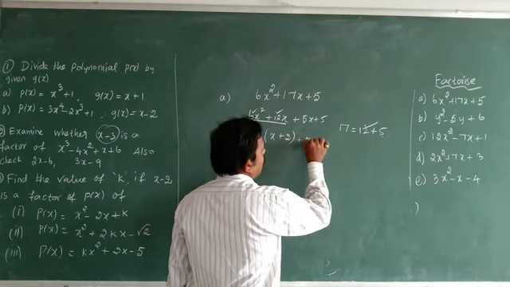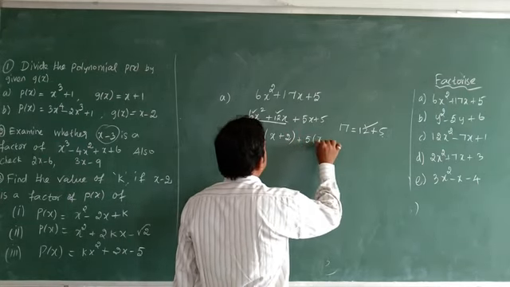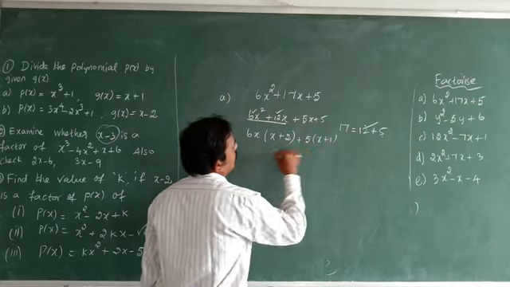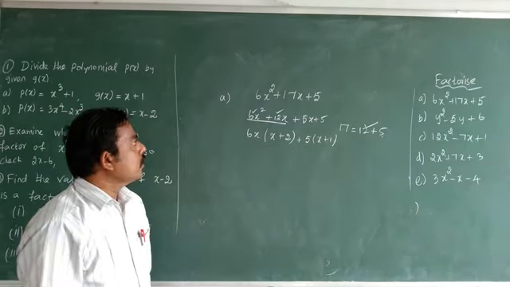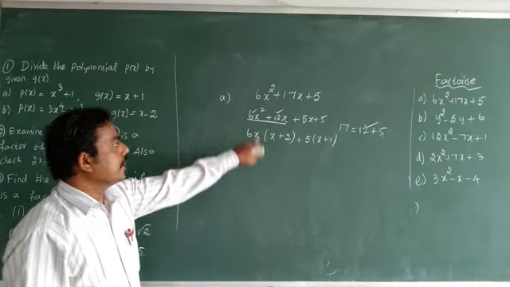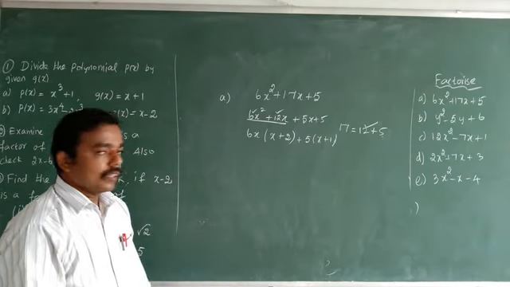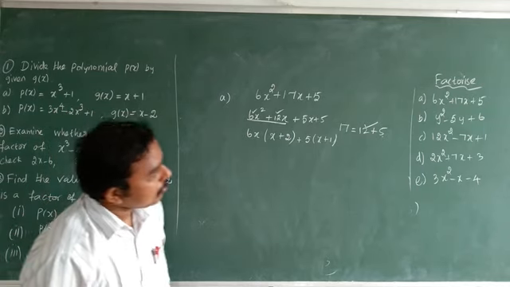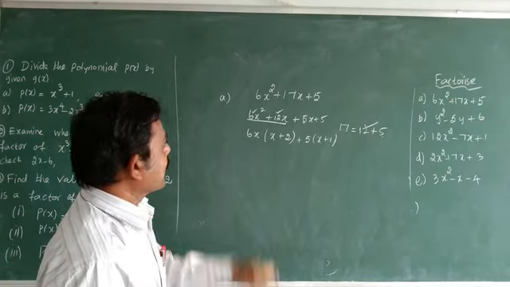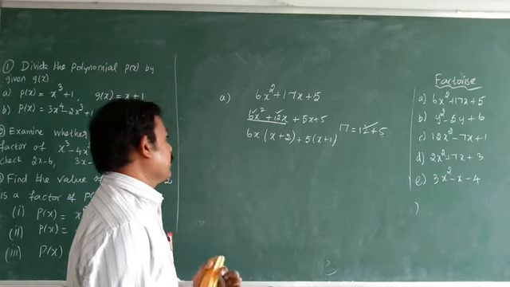Then plus 5 into x plus 1. So here we wrote 6x squared plus 12x plus 5x plus 5.